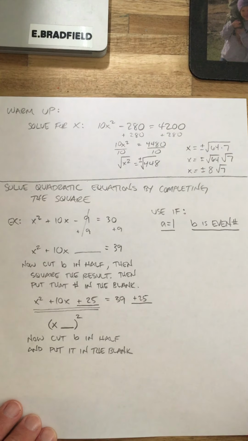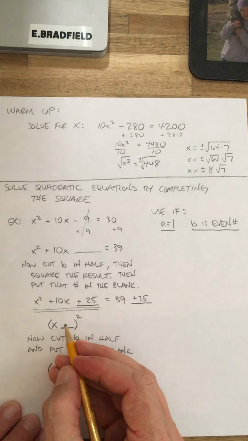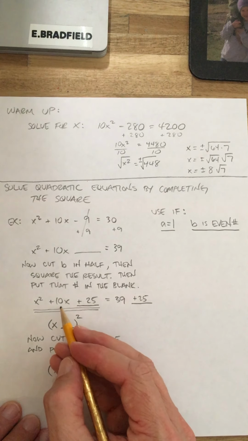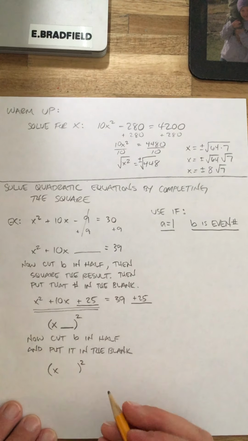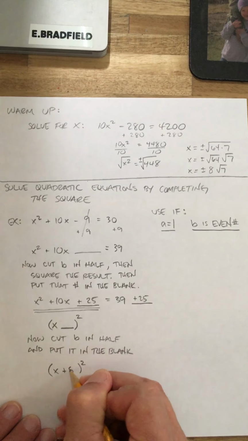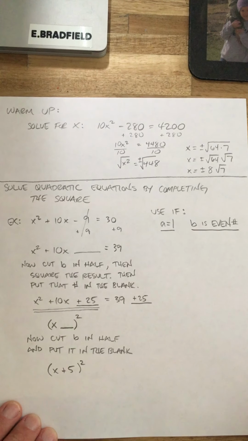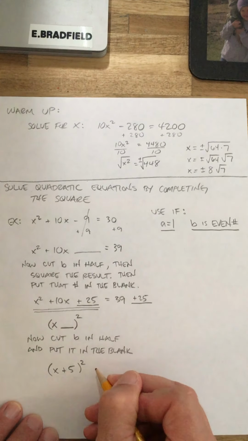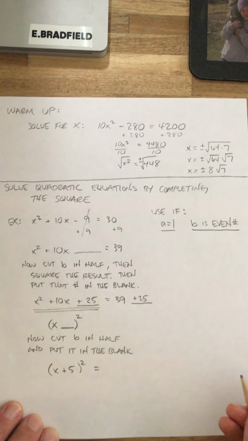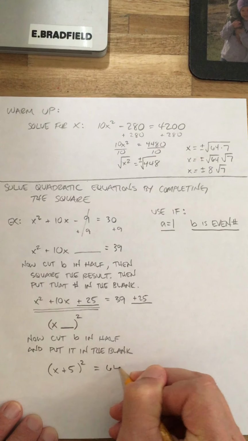We have x, right? We have that squared. The blank goes right here, so cut b in half. Well, b is 10, so cut that in half, you get 5. Positive 10 cut in half is positive 5, so you're going to put a plus 5 right there in the blank. Okay? And now, don't forget, it still equals 39 plus 25, which is 64.